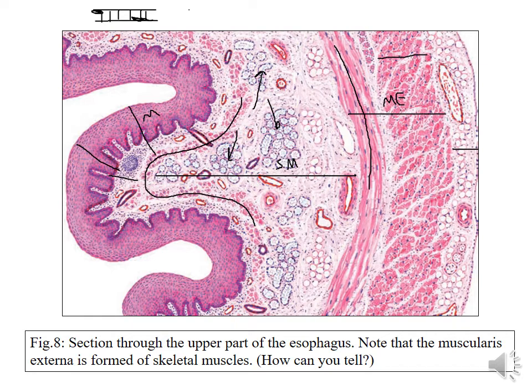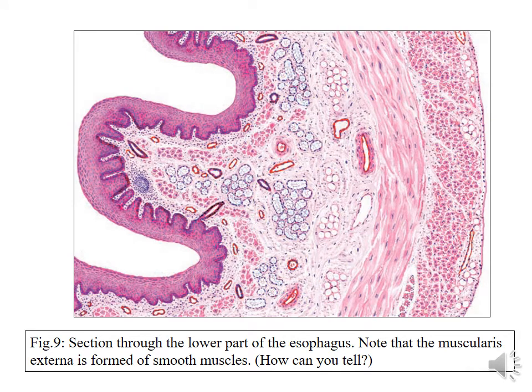I will see them as circles. And here the nuclei will appear on the periphery, not in the middle of the cytoplasm. So this is how I know this is skeletal muscle. And if I see skeletal muscle, this means that this is the upper part.